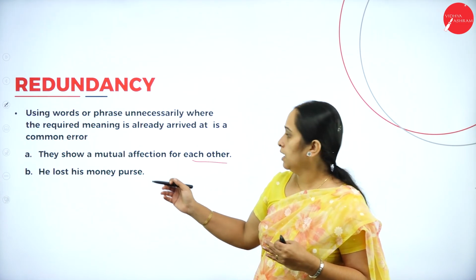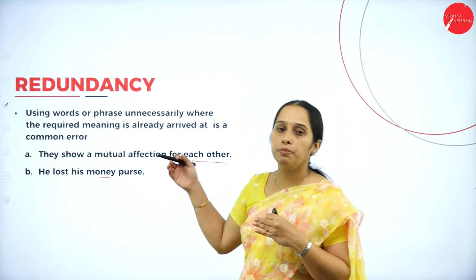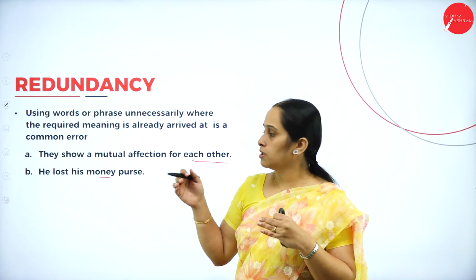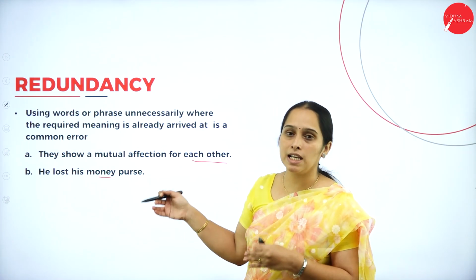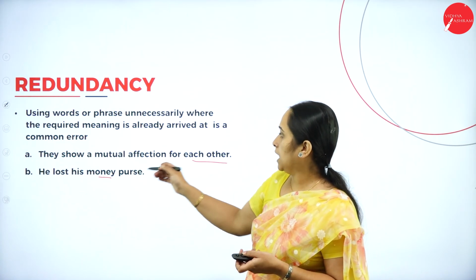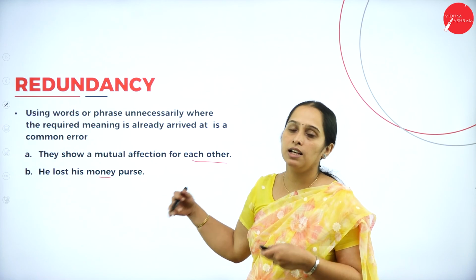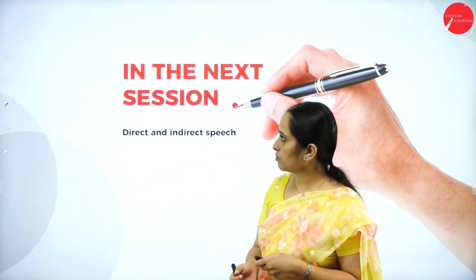Next, he lost his money purse. No need of mentioning money purse. Instead, you can use he lost his purse. So money is redundant here. Unnecessarily, we are repeating these words.